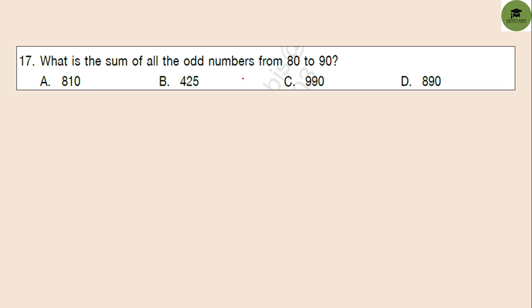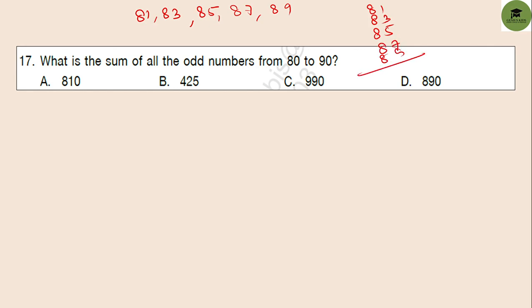What is the sum of all odd numbers from 80 to 90? Okay. So what are the odd numbers between 80 to 90? It is 81, 83, 85, 87, and 89. Okay. Now add these numbers: 81, 83, 85, 87, 89.